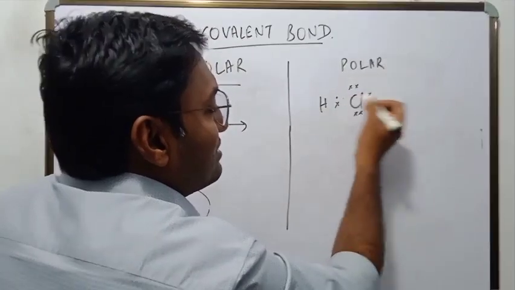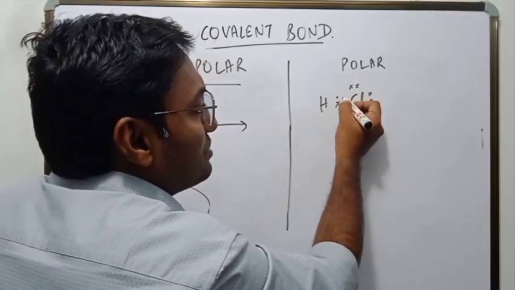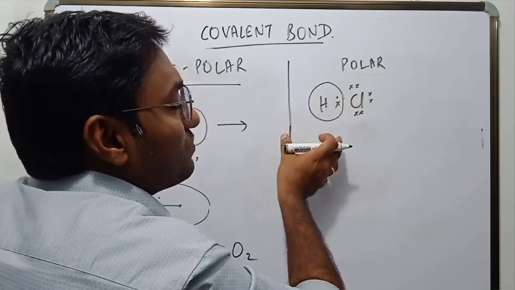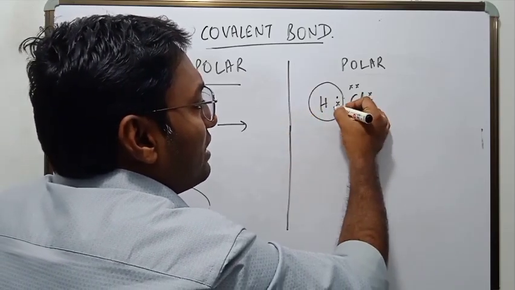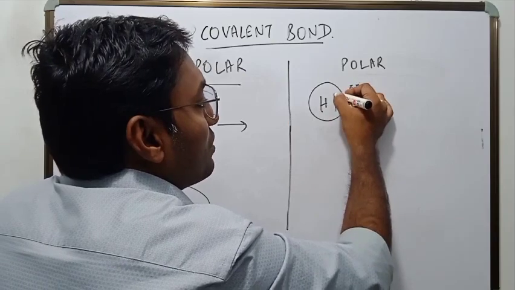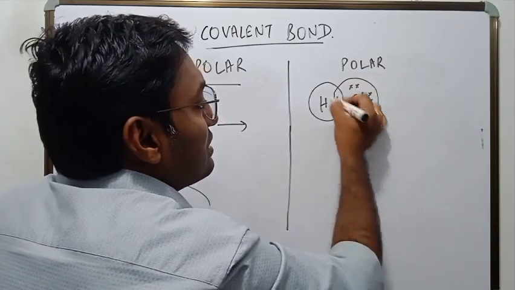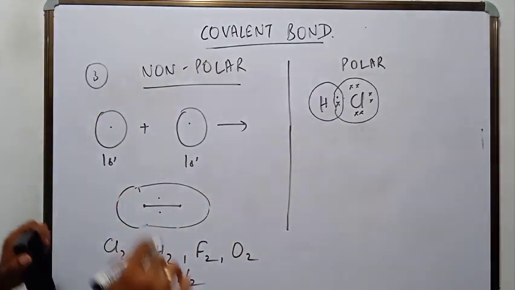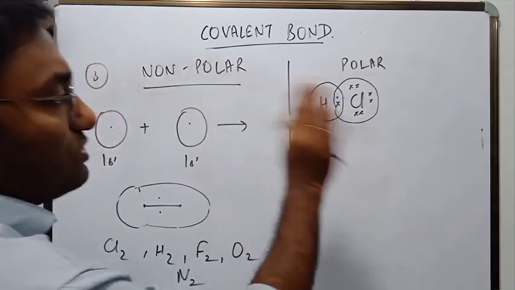When they shared, they achieved their objective. Hydrogen got duplet configuration in its outermost orbit, and chlorine got octet configuration in the third orbit. So both objectives were met, but the shared pair of electrons was not shared equally.